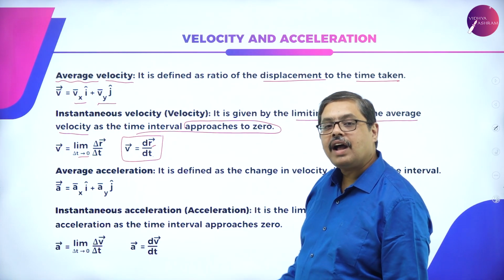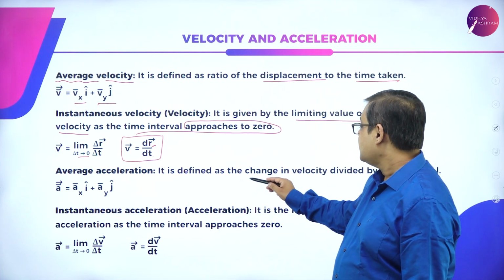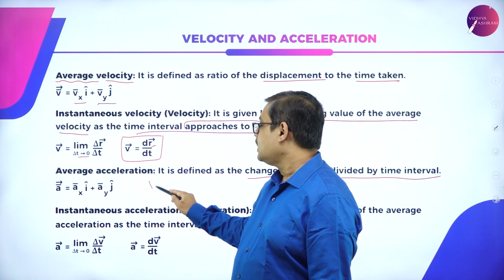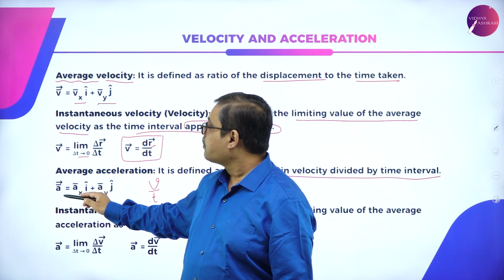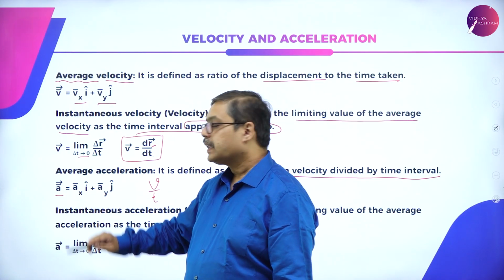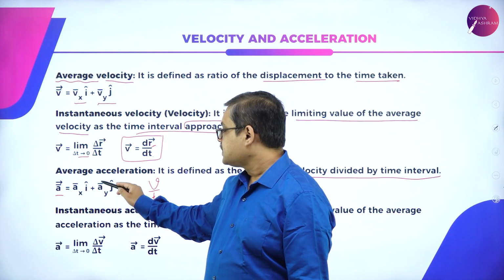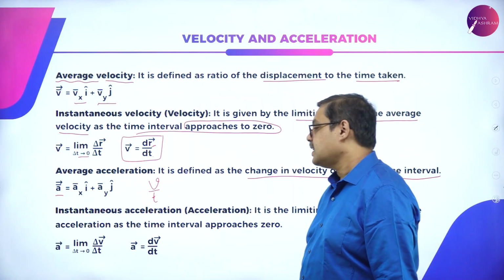Now moving on to average acceleration. What is average acceleration? It is change in velocity divided by time. We know that it is the rate of change of velocity. So how can I represent it? I represent it by a bar vector equals a bar x into i cap plus a bar y into j cap. What is instantaneous acceleration then?